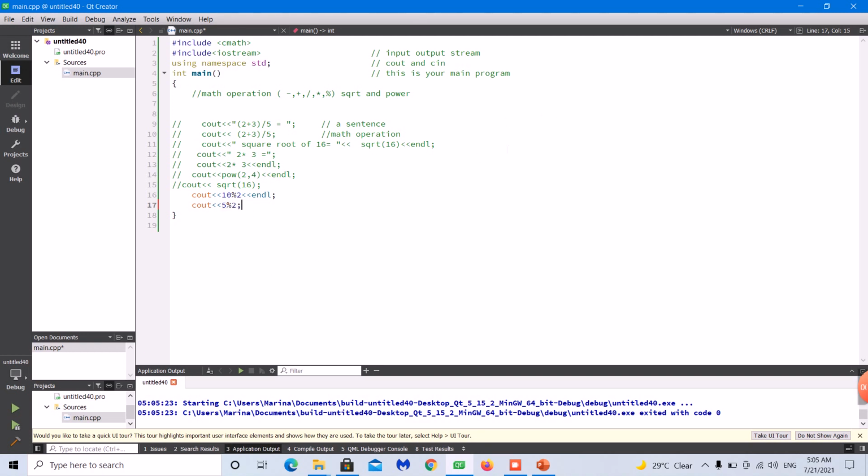How? So 5 over 2 is 2.5. We don't take the 0.5. We just take the 2. So 2 times 2 is going to be 4. So 5 minus 4 is 1. Okay, so this is the long division, and in other words, the remainder.